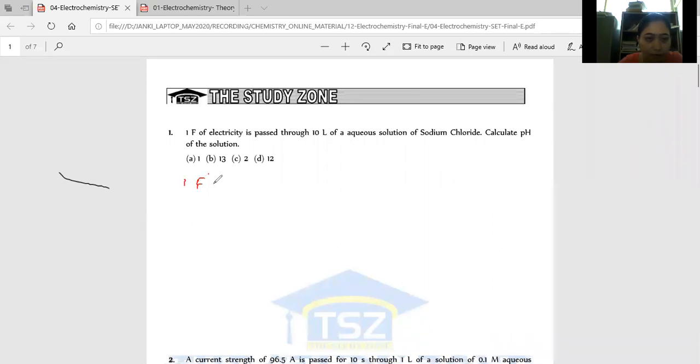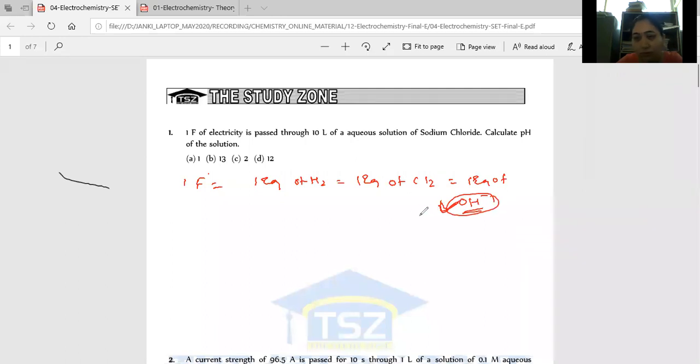1 farad of electricity gives one equivalent of H2, one equivalent of Cl2, and one equivalent of OH minus, which is remaining left inside the solution. But this is responsible for the change in pH.